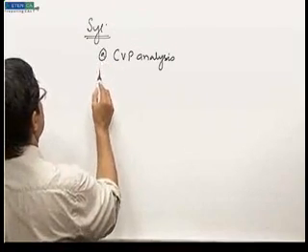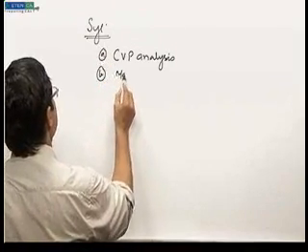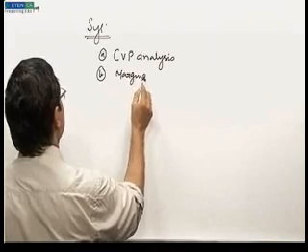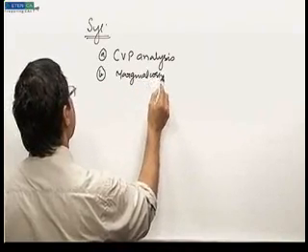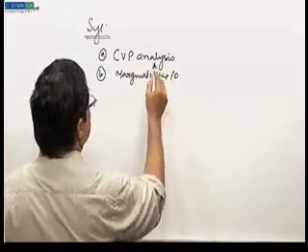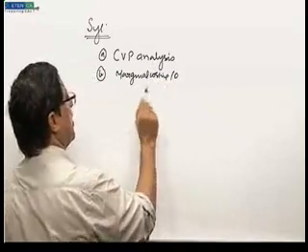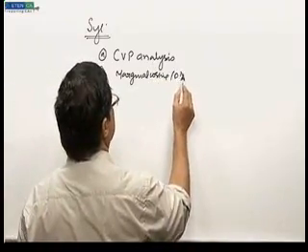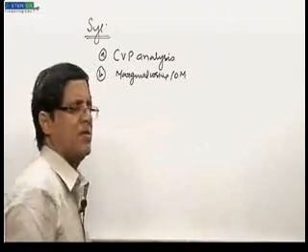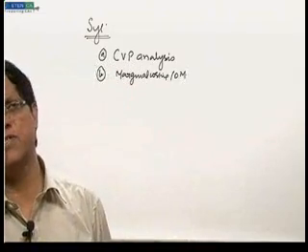Next is marginal costing, and it is all the same only, but they are giving marginal costing and decision making separately. Marginal costing and decision making.